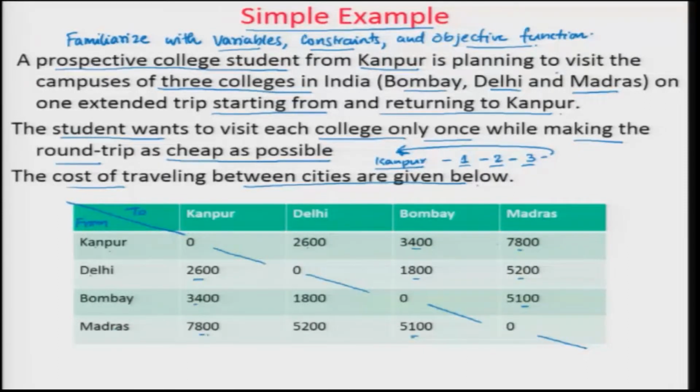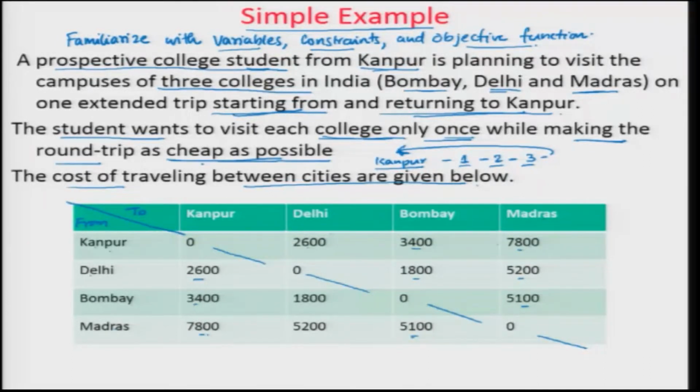For this, we are using a simple example of a prospective college student from Kanpur visiting 3 other college campuses in India, which are in Bombay, Delhi and Madras, and the trip starts from Kanpur and has to end back at Kanpur. It's a round trip, and the student wants to visit each college only once. So the main aim is to visit each city only once, not multiple times, while making the round trip as cheap as possible.